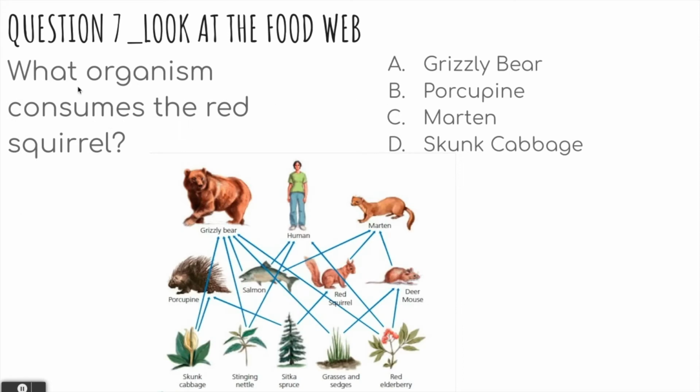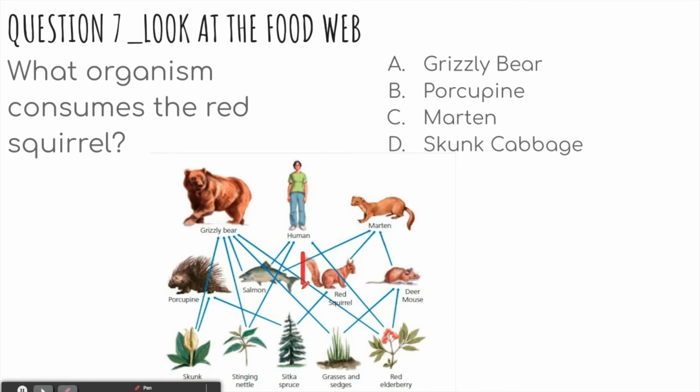Question 7 is asking us to take a close look at this food web. It's asking, what organism consumes the red squirrel? So our choices are A, grizzly bear, B, porcupine, C, marten, or D, skunk cabbage. First thing we want to do is find the red squirrel.